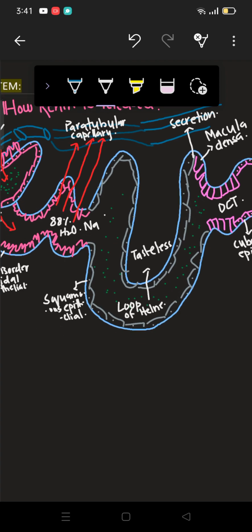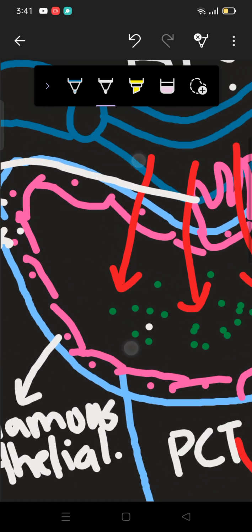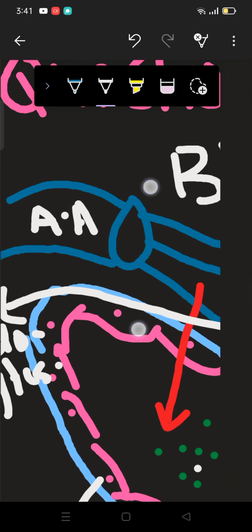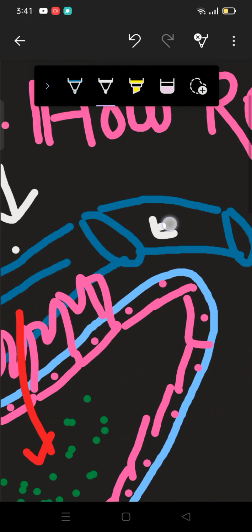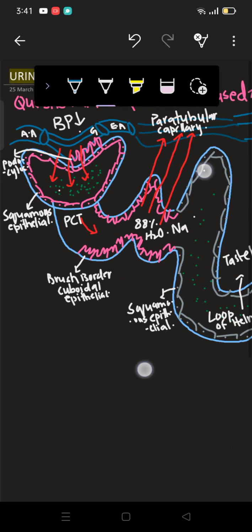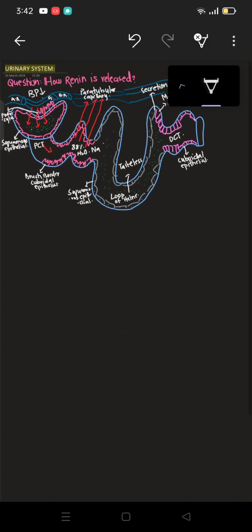And this was the Bowman's capsule. This is afferent arteriole, and then this is efferent arteriole, while this is glomerulus. Alright, so here I have labeled each and everything.